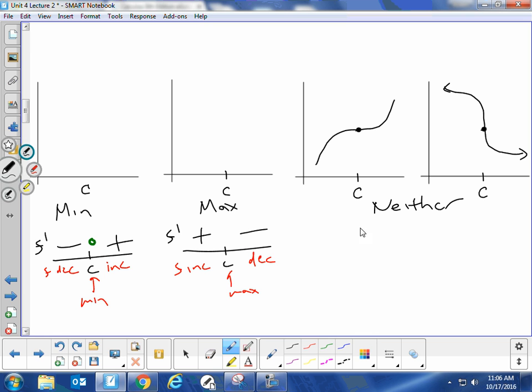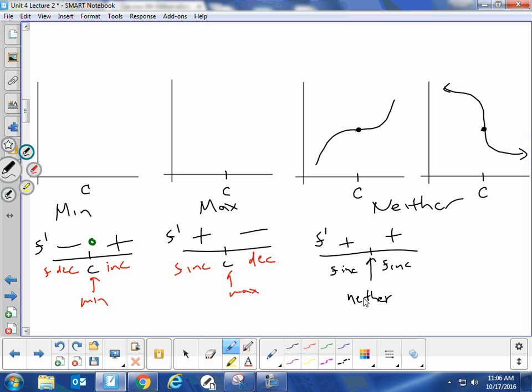I will not be given my function, but I will be able to discover that sometimes the signs of our derivatives will not change. And when they do not change, we know we will not have a max or a min. So this is the situation where critical points aren't locations of extrema, just like that last little one that we showed on that big graphical example.